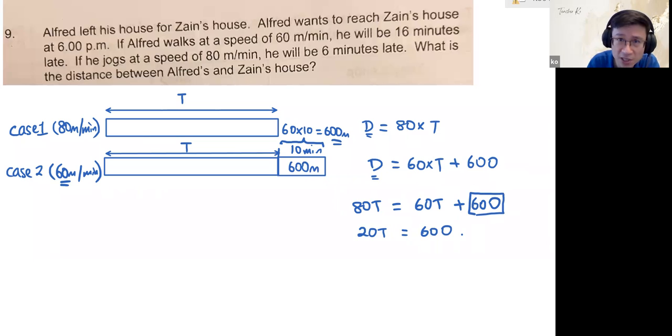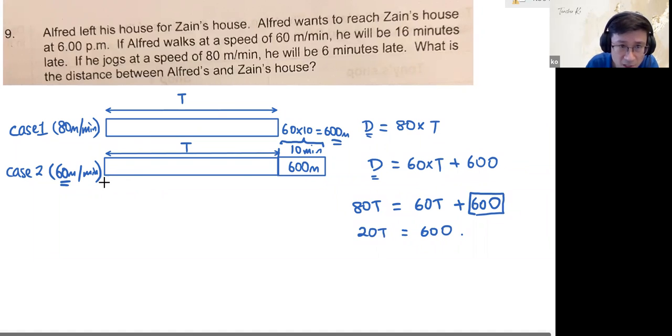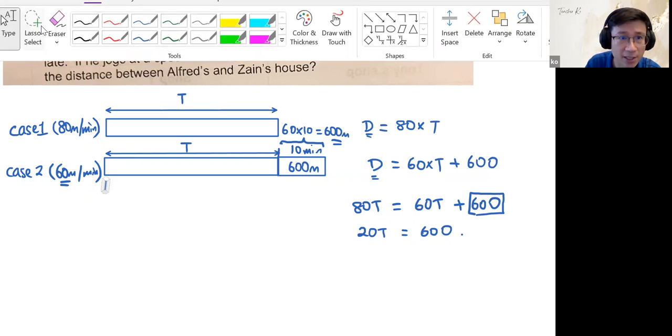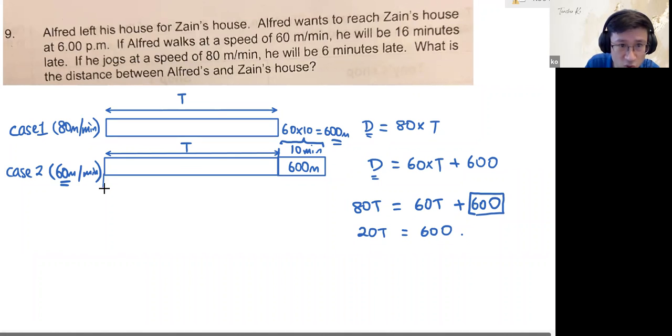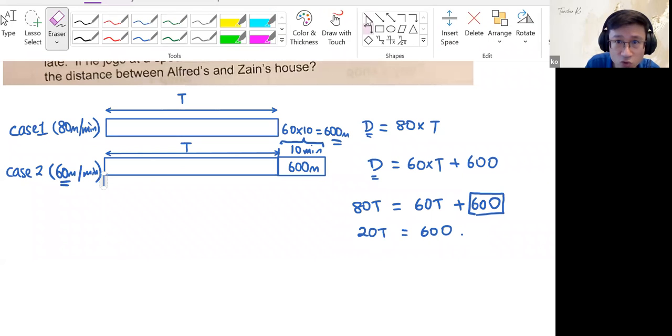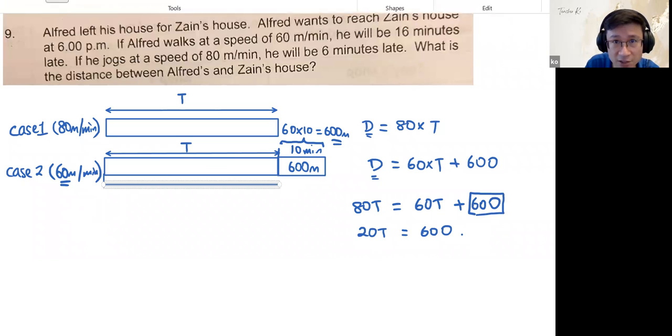Because if he travels slightly faster, every minute he travels another 20 meters per minute, every minute he travels an additional 20, he will have covered this distance of 600 meters.